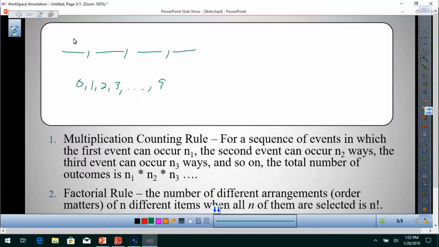So there's actually 10. The first one is 10, the second is 10, the third is 10, and the fourth is 10. Using the multiplication counting rule, that would be 10 times 10 times 10 times 10, and that is 10,000.